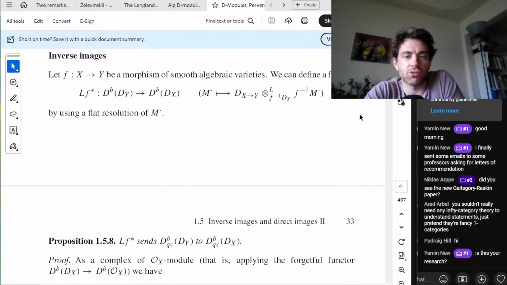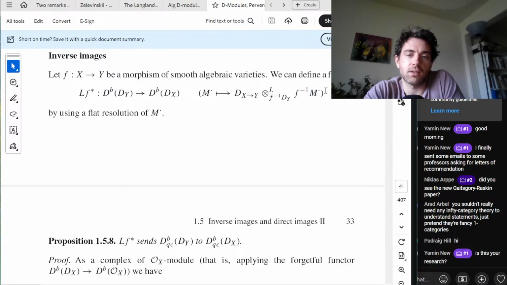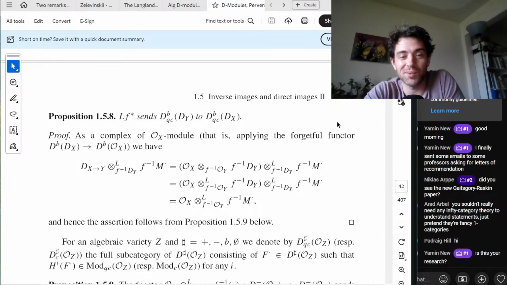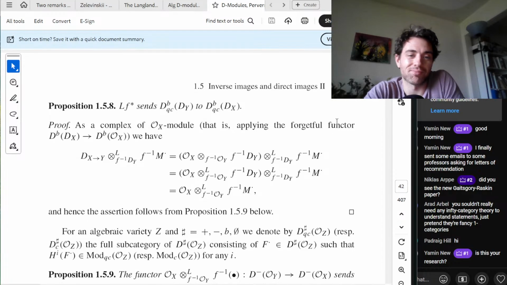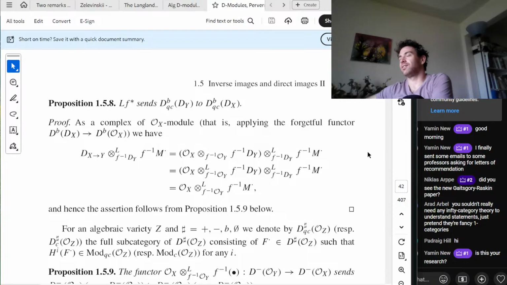A flat resolution of M. Yeah, so one needs to begin with a flat resolution of M, and then take the derived tensor product. Yeah, this computation just doesn't seem easy. I was told D modules are supposed to be easier to work with, you know. And I'm not sure how true that is.